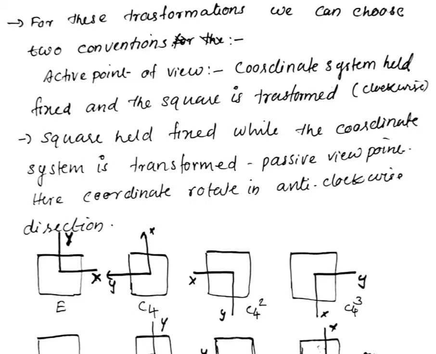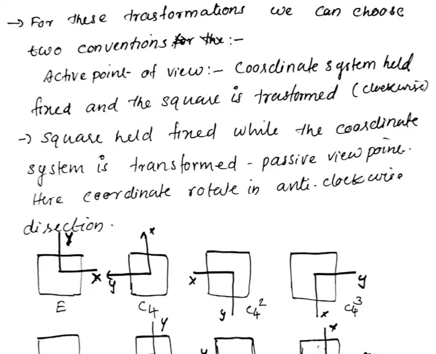We can rotate in another way also. That is, to make the square fixed, and we rotate the coordinate axes, but not in the clockwise direction, rather in the anti-clockwise direction. That type of convention is known as the passive viewpoint.